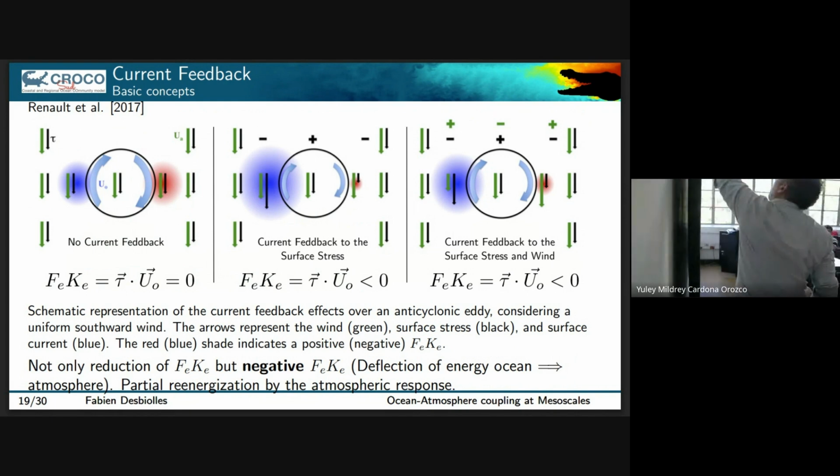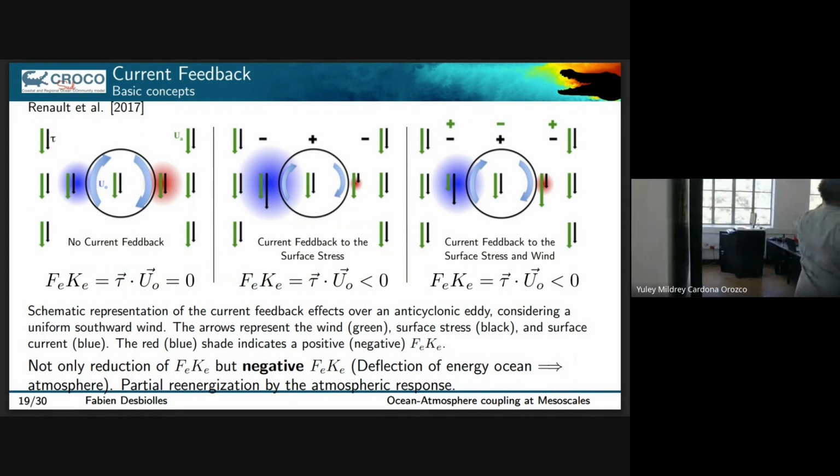If we do not take into account the U ocean in the stress formula, we have this kind of response. First we're going to calculate the wind work. Okay, so this is the work in the physical sense exerted by the wind over the ocean.